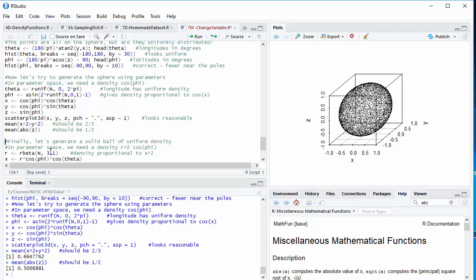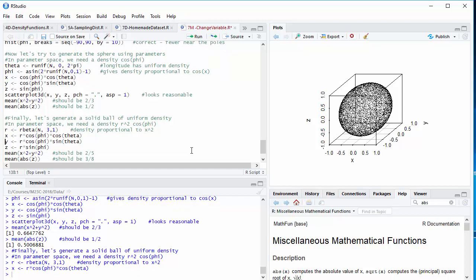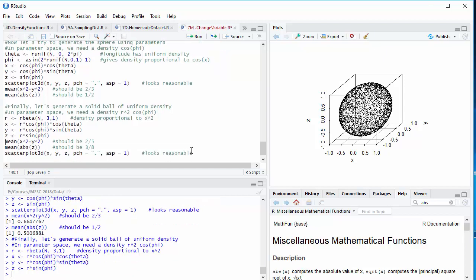The beta distribution with the first parameter of 3 does just that, because this is going to give us something that's proportional to x raised to the 3 minus 1 power, proportional to x squared, and proportional also to 1 minus x raised to the 1 minus 1, or the 0th power. So there's a bunch of appropriate random radii. We already have our coordinates phi and theta. Let's crank out x, y, and z and see how we've done.